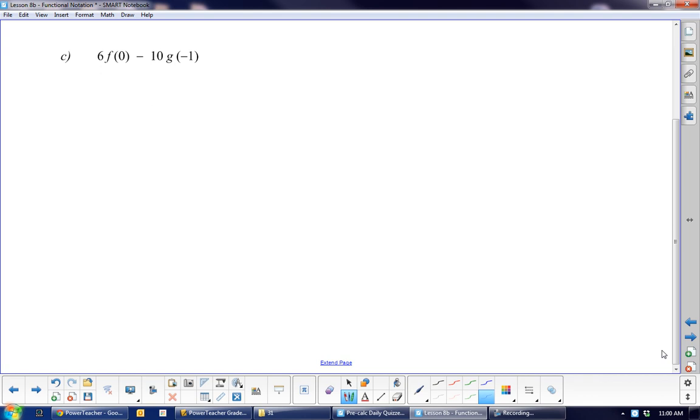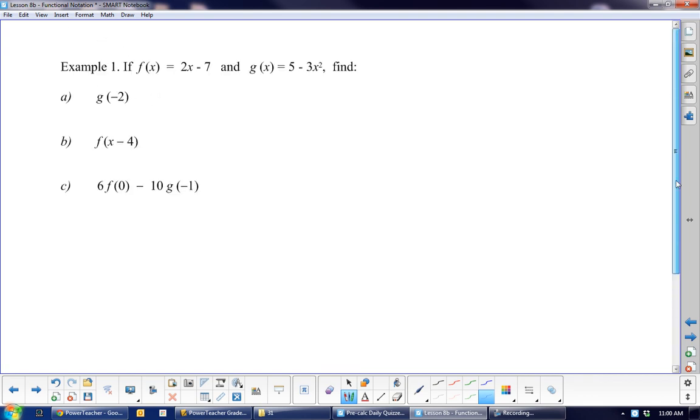Okay. Now, this one here, just for sake of time, we won't go through and do all the work. But if we have f of x and we have g of x and we have 6 f of 0, take the entire function, multiply by 6, and then just put the input into the equation, minus 10 times g of negative 1.